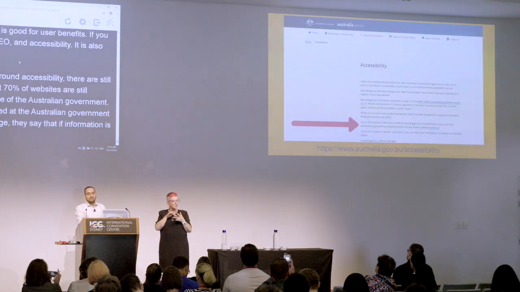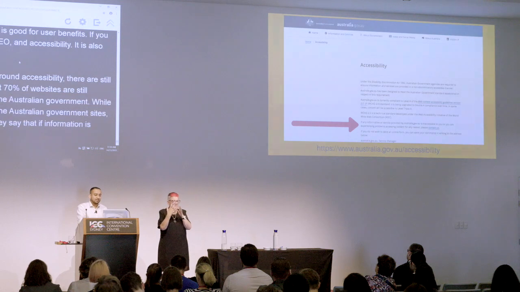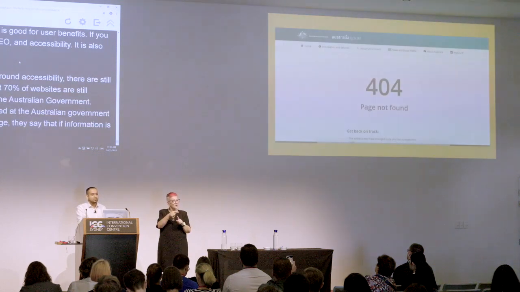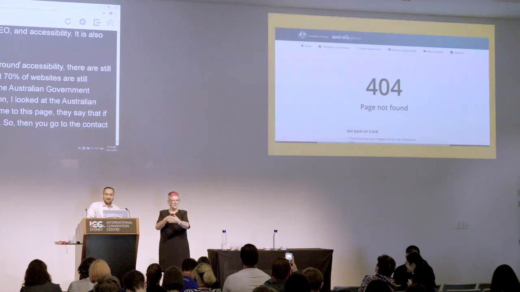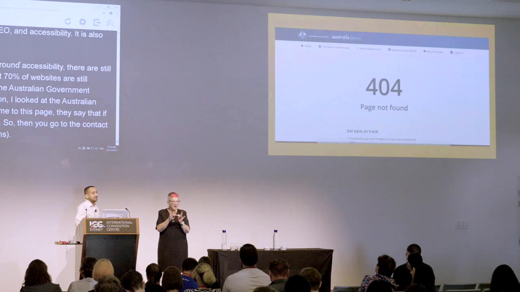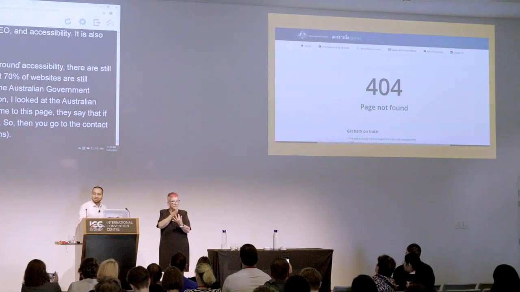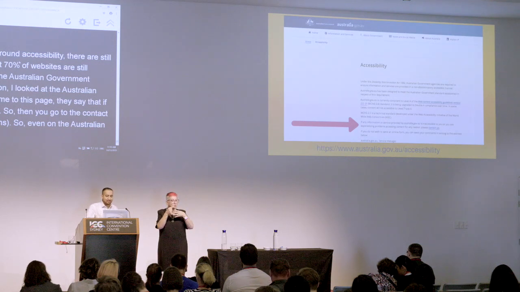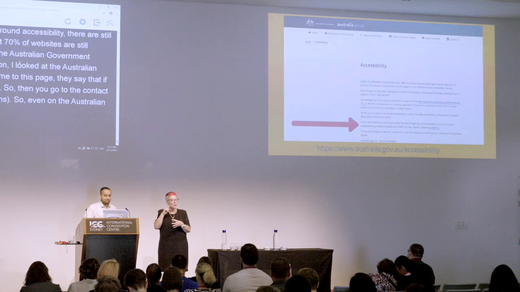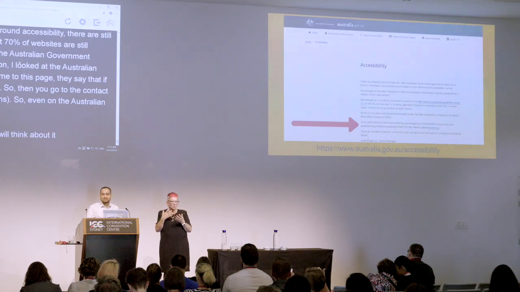So if you are facing any issue, you will go to this contact us page, and what you will see is this 404 page. So on the Australian government website, if you are facing any accessibility related issues, you can't do anything. You have only the choice to write them a letter. You'll write them a letter and then they will think about it, that they have to make their accessibility page accessible.